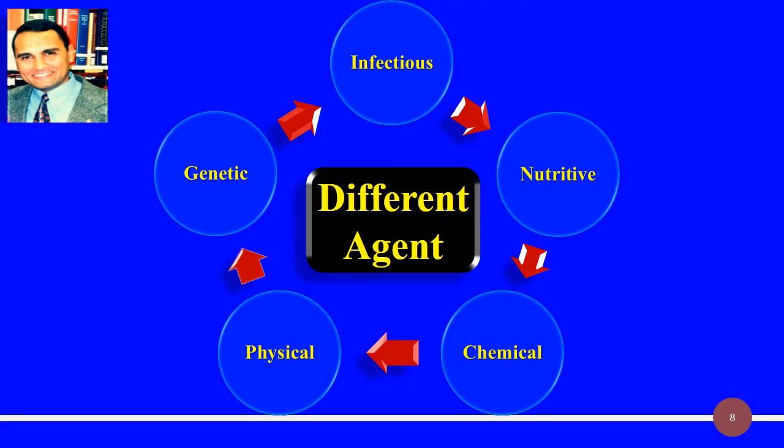The term web of causation is often used to describe the complex web of interacting factors involving agents. The different agents here are infectious, nutritive, chemical, physical, and or genetic.